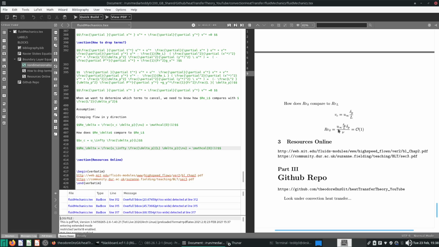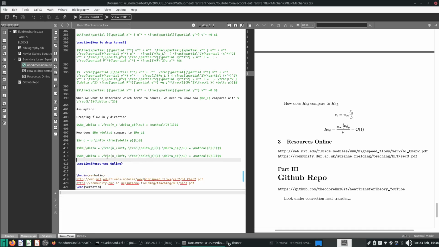And we know REL is equal to u infinity times L over nu. Let's try to factorize out 1 over L so that we can find REL.